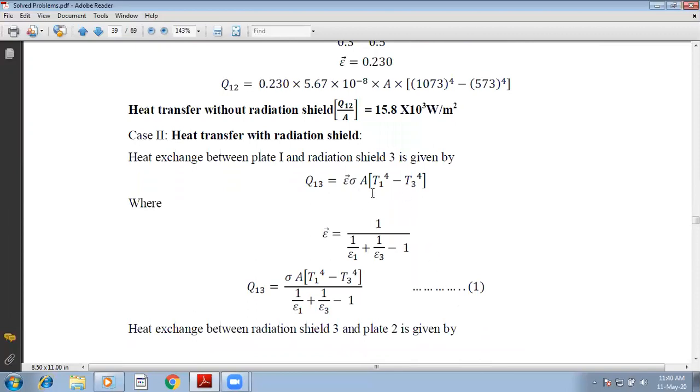Now, in this case, you don't know the value of temperature at this point, which is T3, the temperature of the radiation shield.